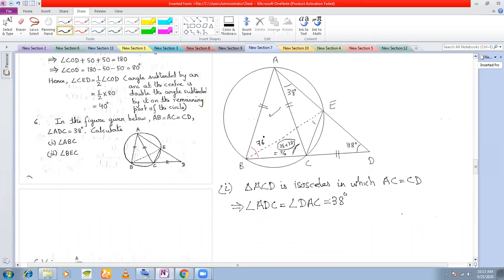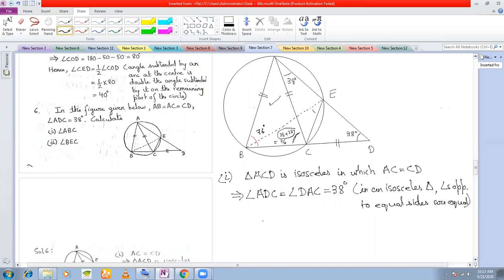Both these are 38, and the reason is in an isosceles triangle, angles opposite to equal sides are equal. Okay. So I've got these two as 38.